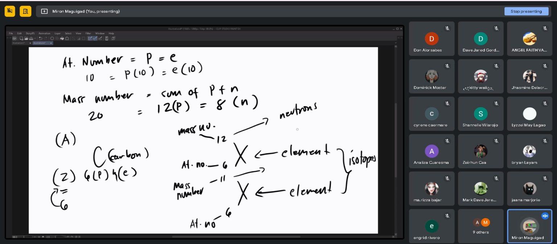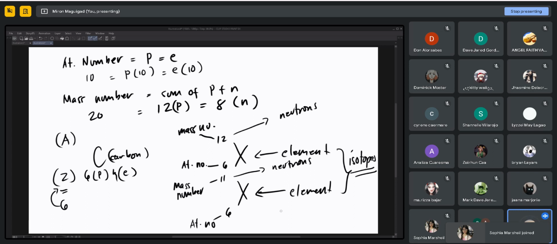Sir, si element X, meron siyang halimbawa kakambal. Parehas sila ng features, may mga kakilala tayong kakambal, di ba? Pero when we're talking about element, meron silang kaunting pagkakaiba, dun sila nagkakaiba sa bilang ng neutrons. So atoms of the same element that have different masses are called isotopes.